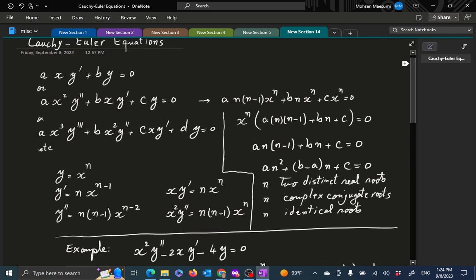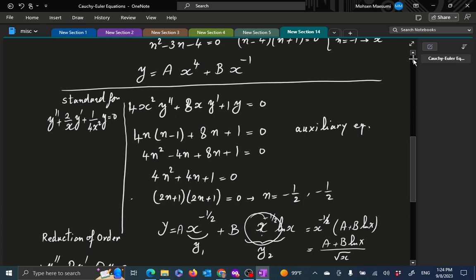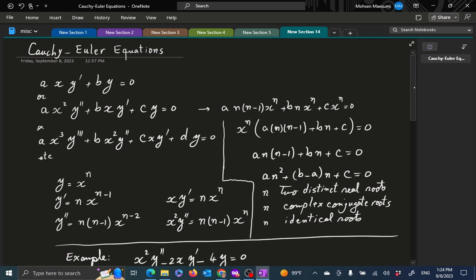So we have an equation. We noticed that when you have a monomial power of x, when you differentiate it, every time you differentiate, you lose one power. The Cauchy-Euler equations are always nice in that the power of x in front of our term is matching the number of derivatives.